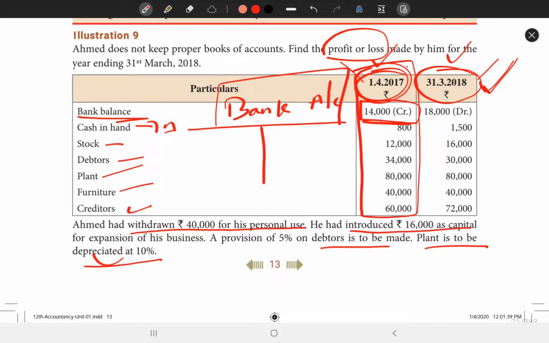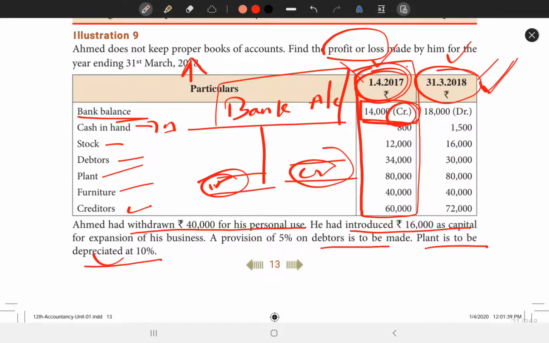Bank account is an asset account, right? So whenever there is an increase, the bank account will be debited. So the closing also has to be a debit balance, right? Closing should also be a debit balance, but here a credit balance is given, which means it is on the credit side.